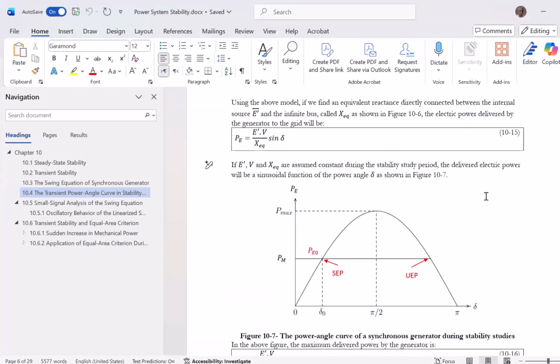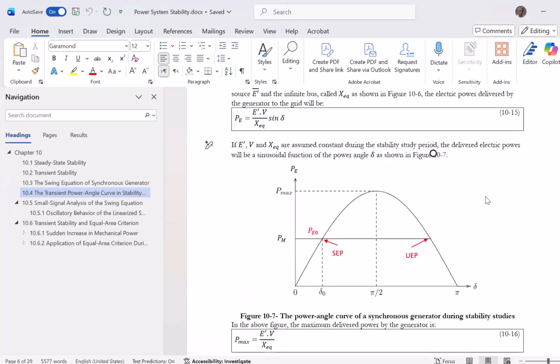All right, so let's assume that I'm going to keep my PM, mechanical power, constant. And I'm going to plot the electric power versus delta. On the vertical axis, I have power, both PE and PM. On the horizontal axis, I'm going to have delta. What this curve shows is that, based on the laws of physics, at all times I have to be somewhere on this curve in my electric system.